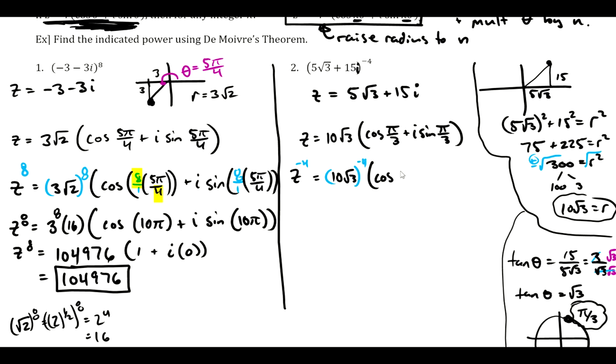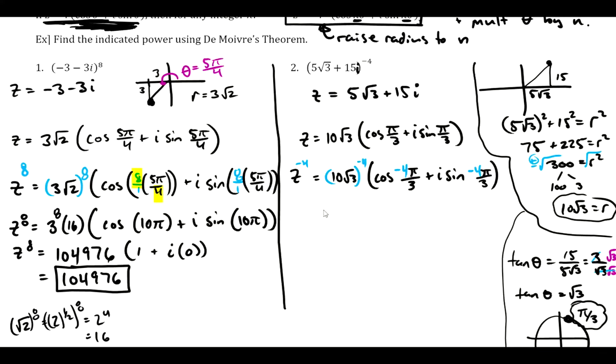So I'm just going to instantly write it as cosine of -4 pi thirds plus i sine of -4 pi thirds. So the radius gets raised to the power, and then the angles get multiplied by whatever the original power was. That's what it looks like.